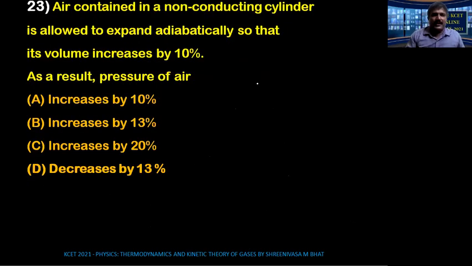The last question: air contained in a non-conducting cylinder is allowed to expand adiabatically so that its volume increases by 10%. So when volume increases by 10%, V becomes 110%, that is 1.1 V. What happens to pressure?